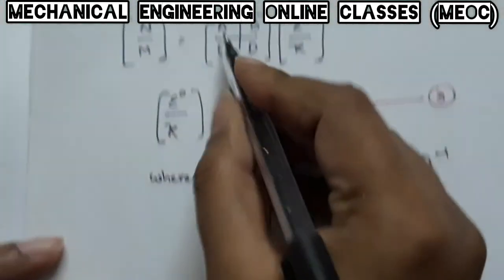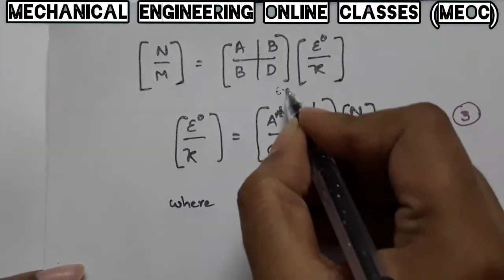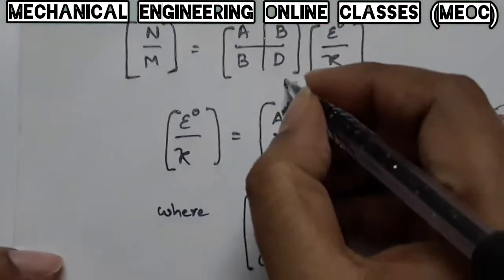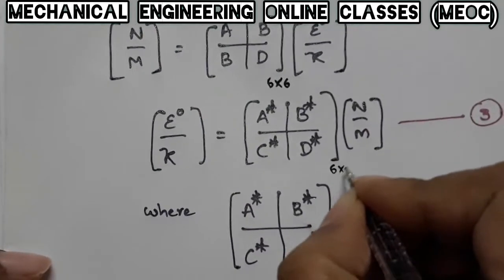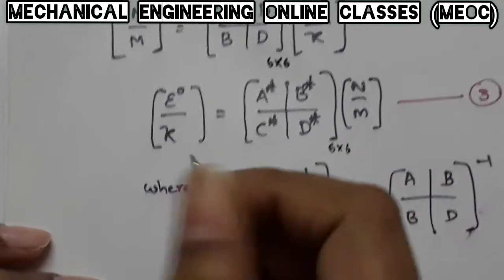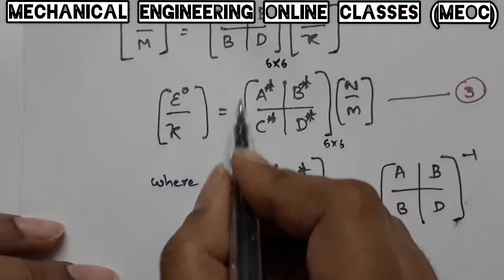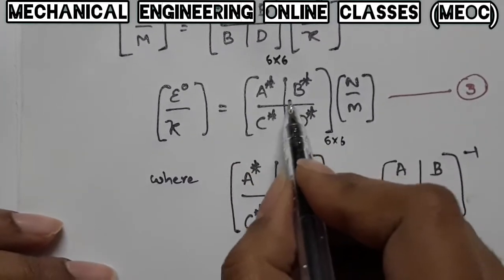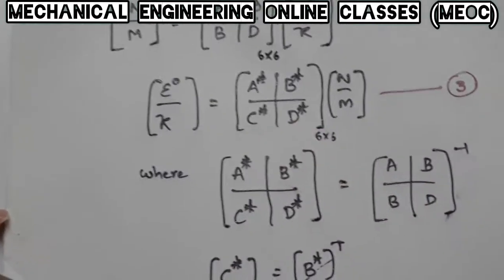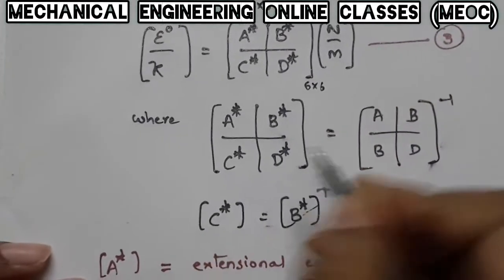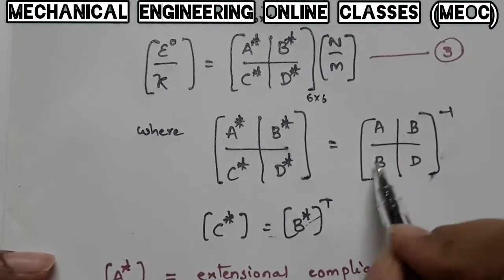The size of this matrix is 6 by 6 and this matrix also will be 6 by 6. I have named the first 9 elements as A star and the second 9 elements as B star and so on. So A star, B star, C star, D star will be the inverse of ABBD matrix.